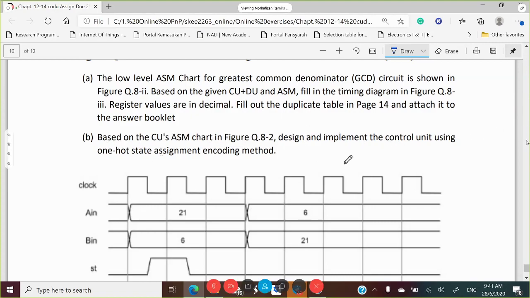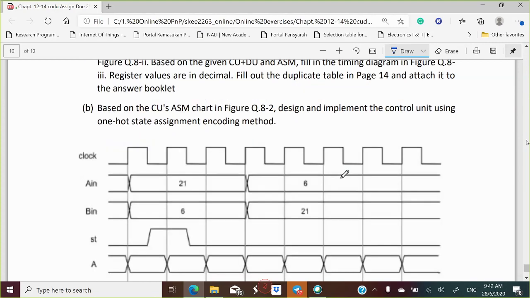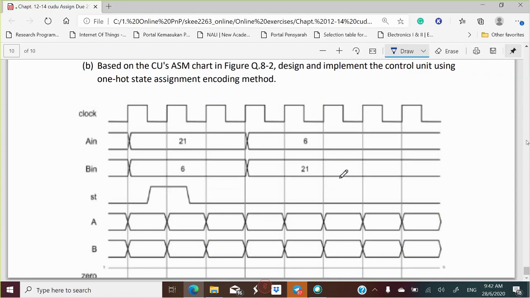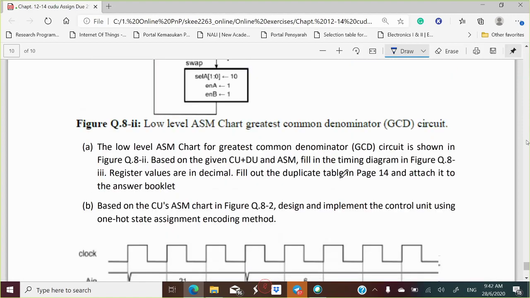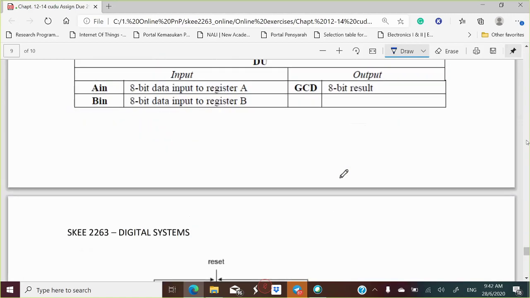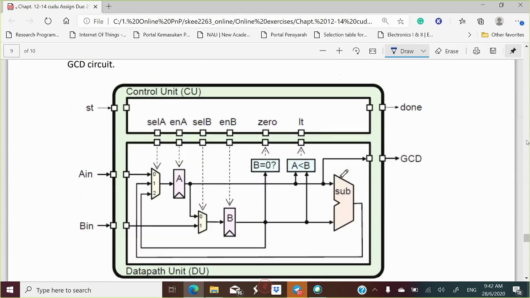So that means the B part, but actually the B part has nothing to it. Students usually spend their time on the A part. The B part, you should not have any problem at all because you normally use only one hot method. It's very easy, right? By now, if possible, you don't want to use the binary approach, but you still need to know it because there are going to be questions.